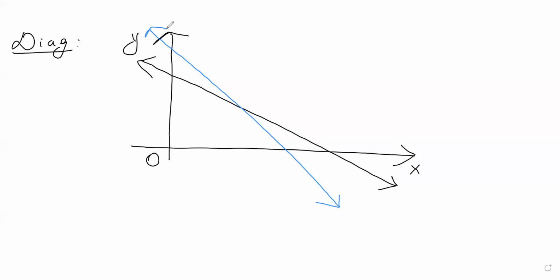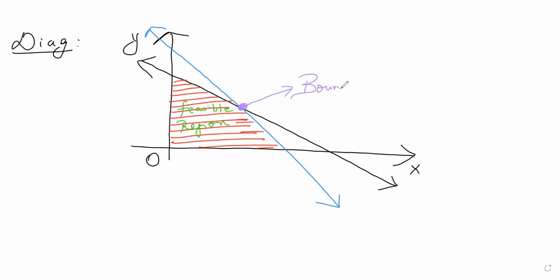And suppose this is my feasible region, the red shaded area. Hypothetically, I say that this is my feasible region. And if I ask you guys, what is the boundary point here? This is nothing but my boundary point, also called the vertex.